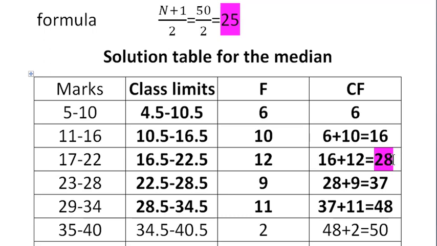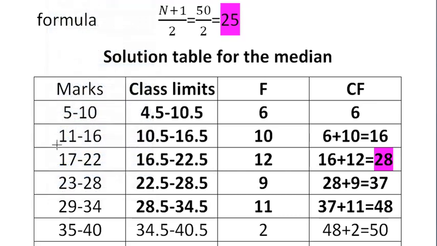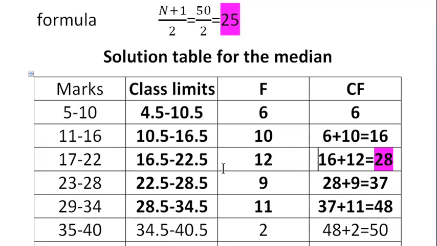Wherever you see 25, circle that point and use it as your median class. This is our median class.